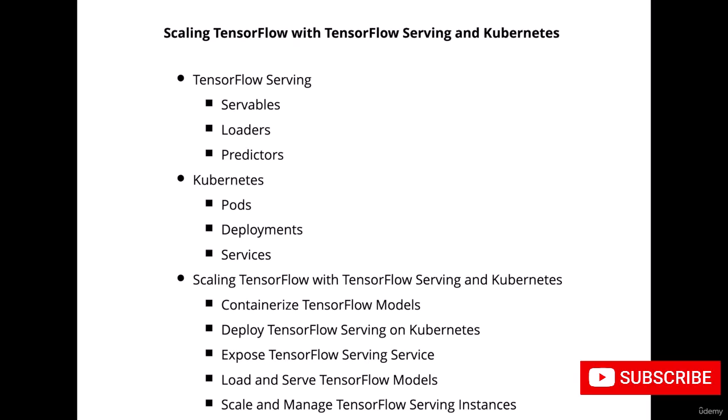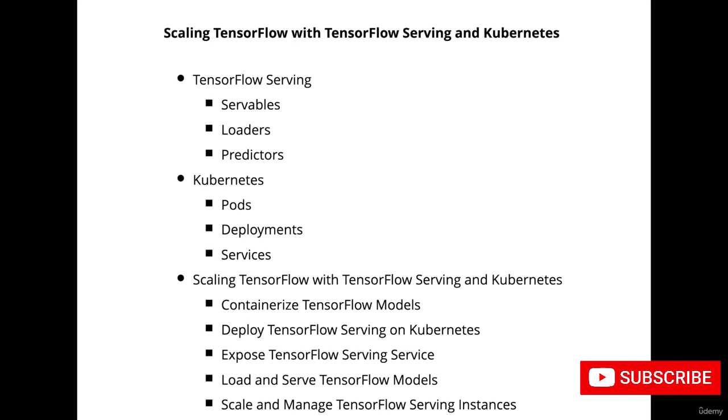Let's go first with TensorFlow Serving. TensorFlow Serving is a flexible, high-performance serving system for deploying machine learning models in production environments. It provides a platform-agnostic interface for serving TensorFlow models over a network and includes features such as model versioning, monitoring, and scalability.